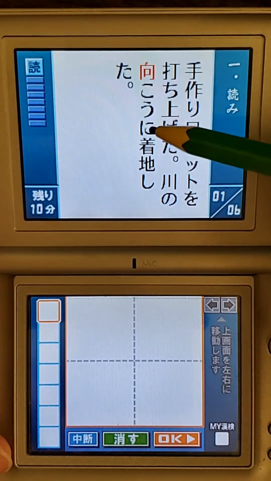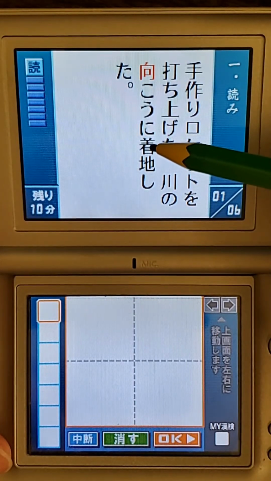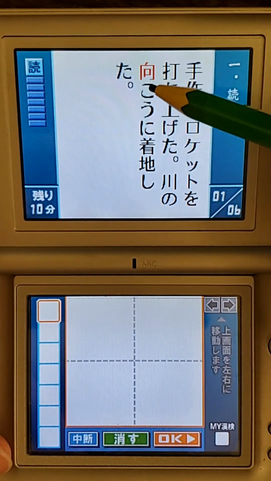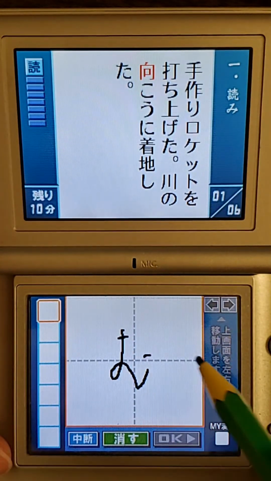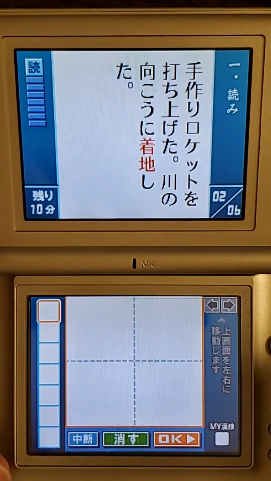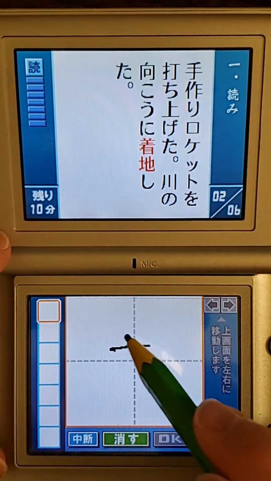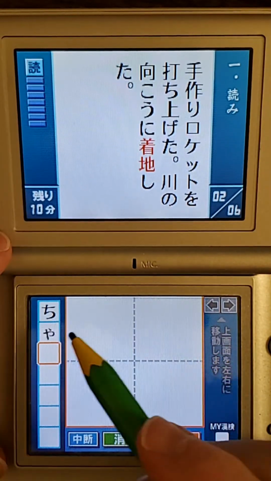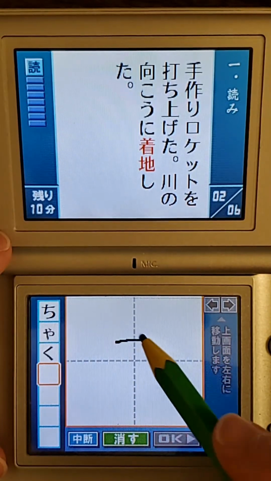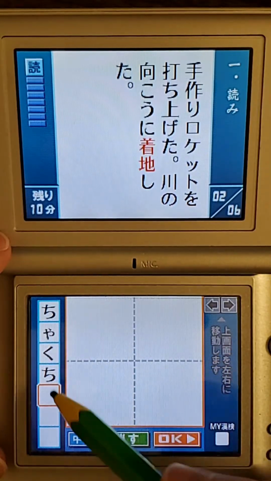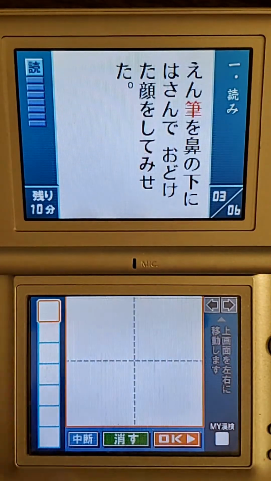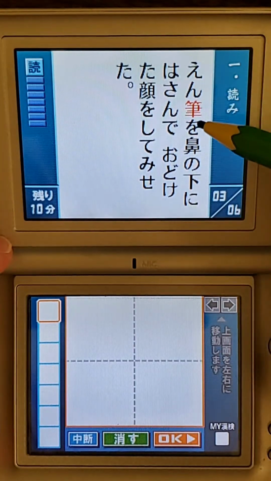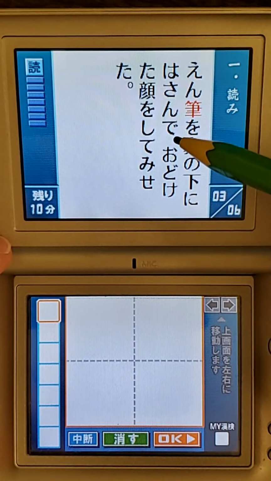So 川の向こうに着地した. So 向こう. So 着地. Whoops. Small ya. 着地.